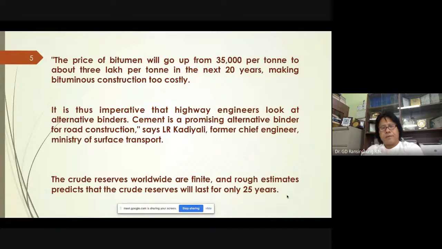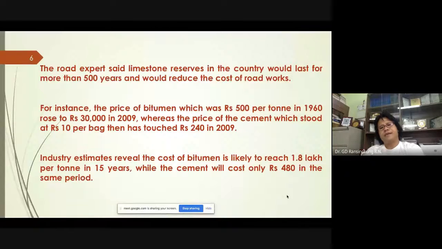He commented that cement is a promising alternative binder for road construction, and also the crude reserves worldwide are finite, and rough estimates predict that the crude reserves will last for only 25 years. Then the road experts say limestone reserves in the country would last for more than 500 years, and hence would reduce the cost of road works.